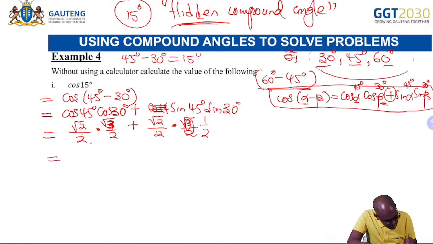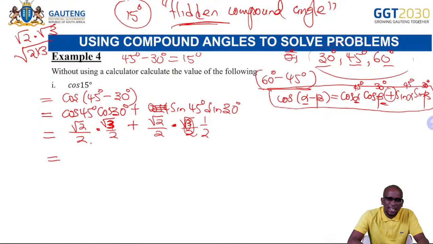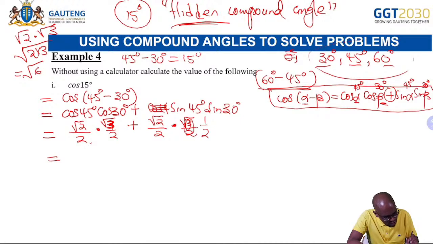So now if we multiply here, I have numerators root 2 times root 3. If I multiply two radicals of the same degree, then I can multiply the radicands. So this would be the square root of 6 divided by 2 plus square root 2 times 1, that would be the square root of 2 divided by 4.